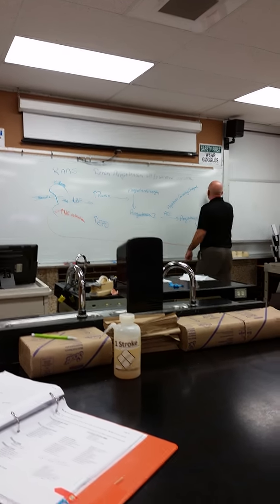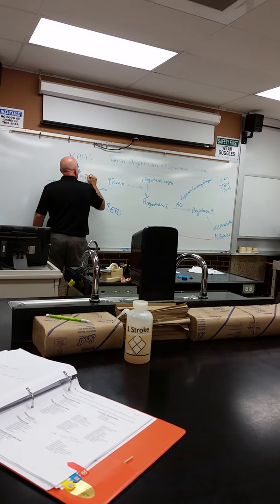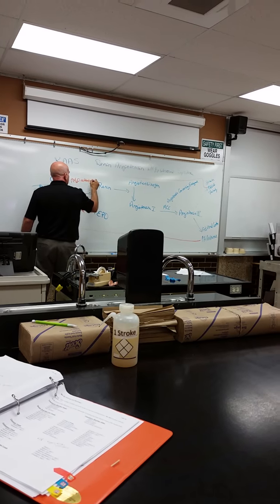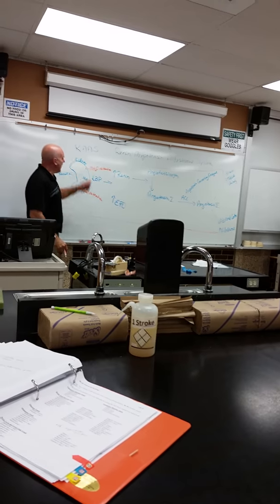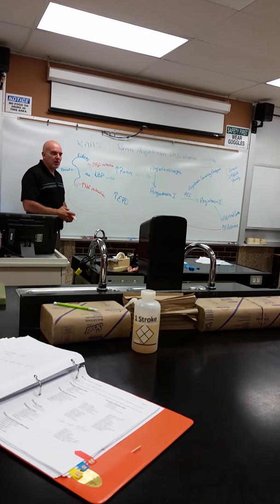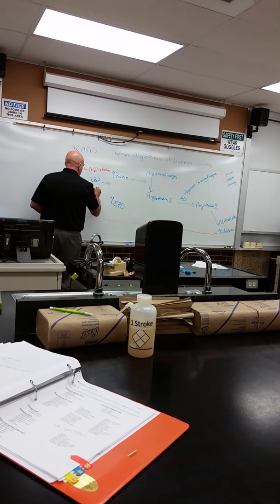ADH goes to the kidney and says, increase water retention. It actually opens the water pores called aquaporins. So both ADH and aldosterone increase blood volume. Increased blood volume increases blood pressure.